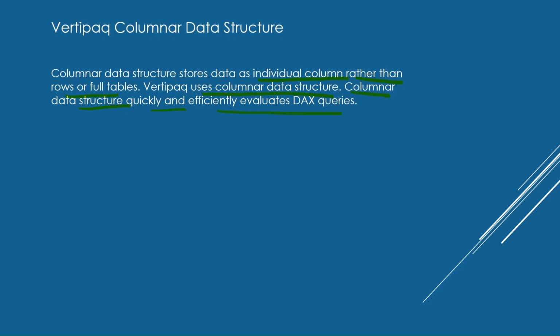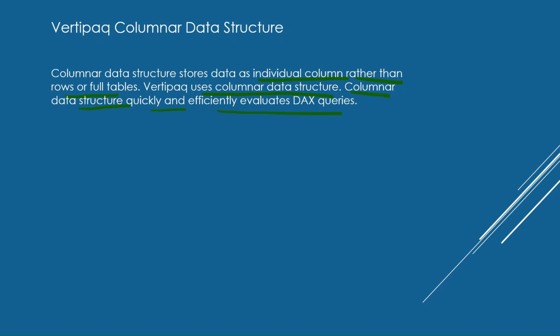It also performs great when evaluating queries on a large volume of data. That is the reason why Power BI evaluates to a quick result even when there are millions of rows. It is a really powerful storage methodology.